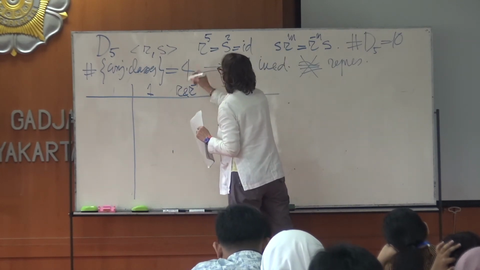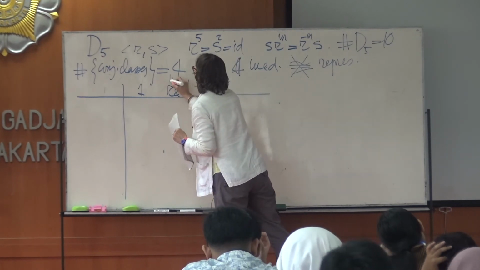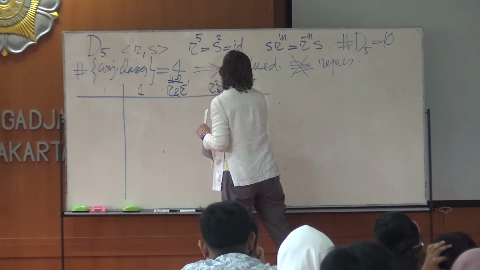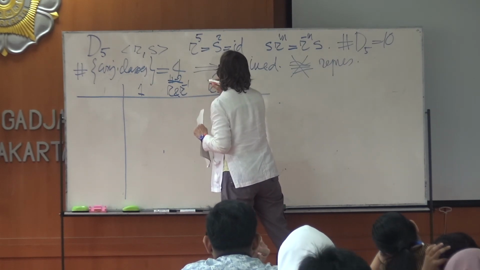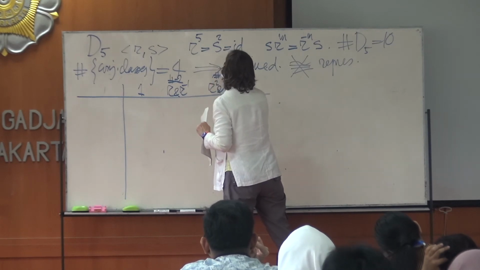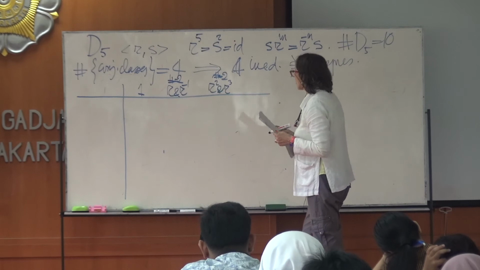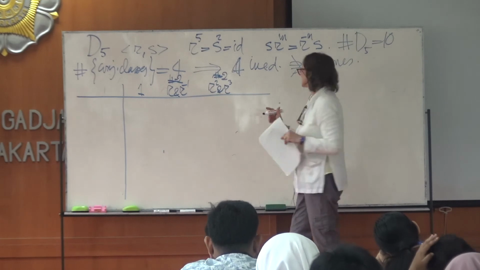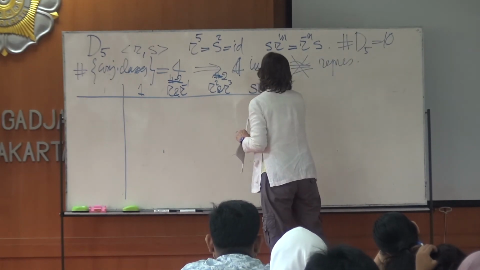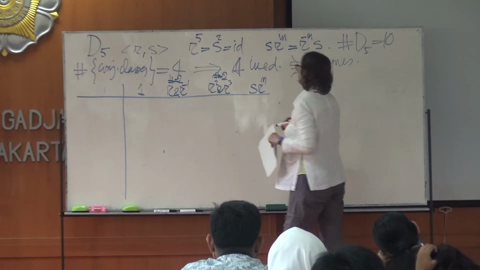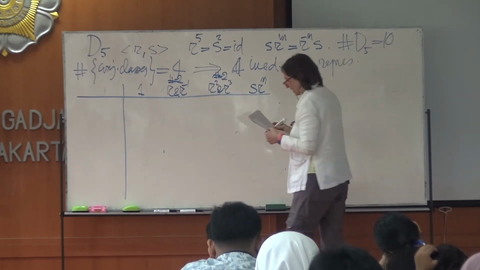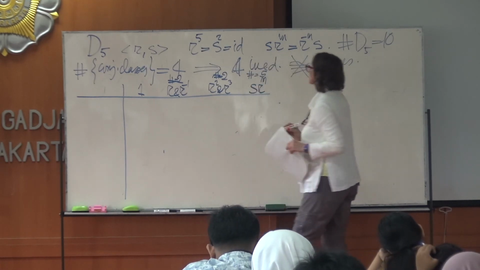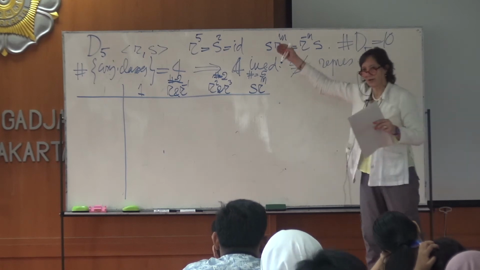This class has 2 elements, its cardinality is 2. Then we have R square and R cube, 2 elements. And then we have all the reflections. In this case, the reflections sit in the same conjugacy class, all of the form S R to the m. They are all in one conjugacy class, and they are 5. The cardinality of this class is 5: S, S R, S R square, and so on.